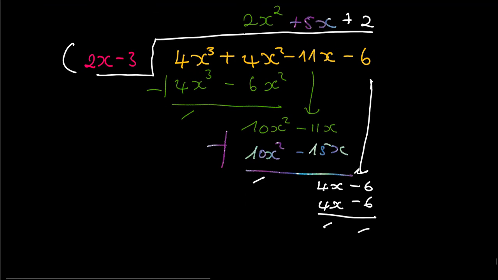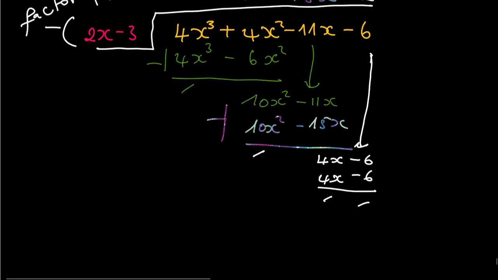Hence, 2x minus 3 is a factor of p of x. Since it is a factor of p of x, we have clearly verified that already. Now the essence was not for us to verify if it is a factor, but rather to factorize. In order to factorize, we are simply going to take the divisor and multiply with the quotient since the remainder is 0.